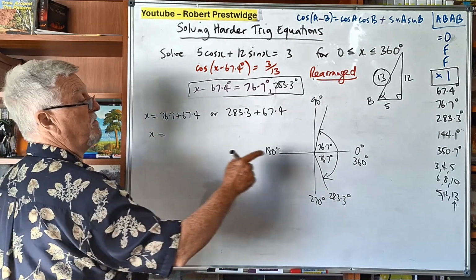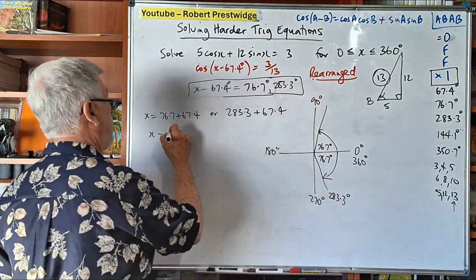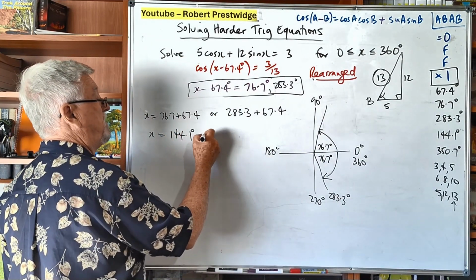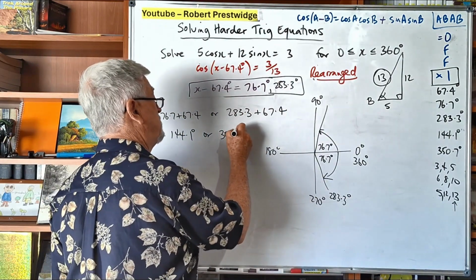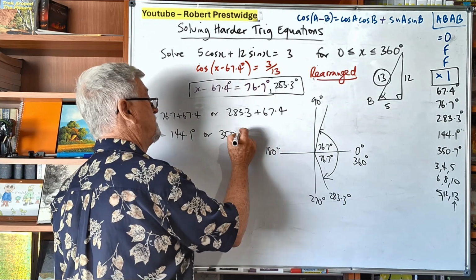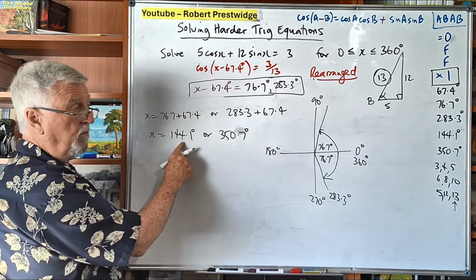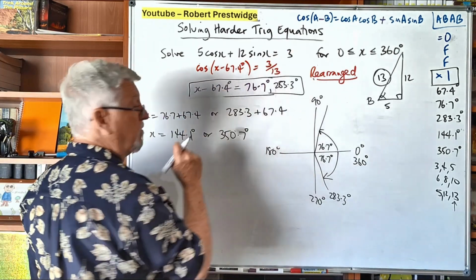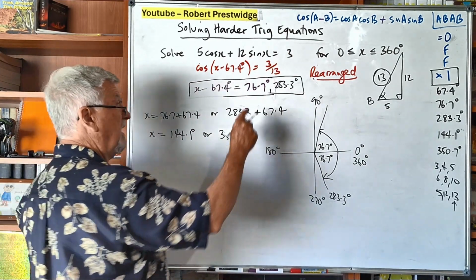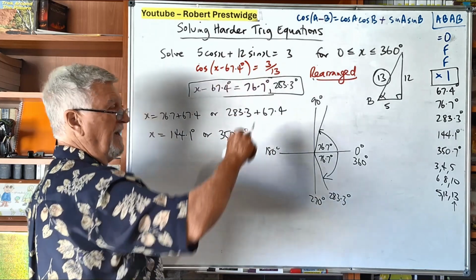We end up with these two answers that I've got written over here: 144.1 degrees, and the other one is 350.7 degrees. Now the interesting part is, if you put 144.1 back into there, I think I've already mentioned it in the video, it will give you 3, or approximately 3, you just need more decimals. And if you put 350.7 into there, you get that.